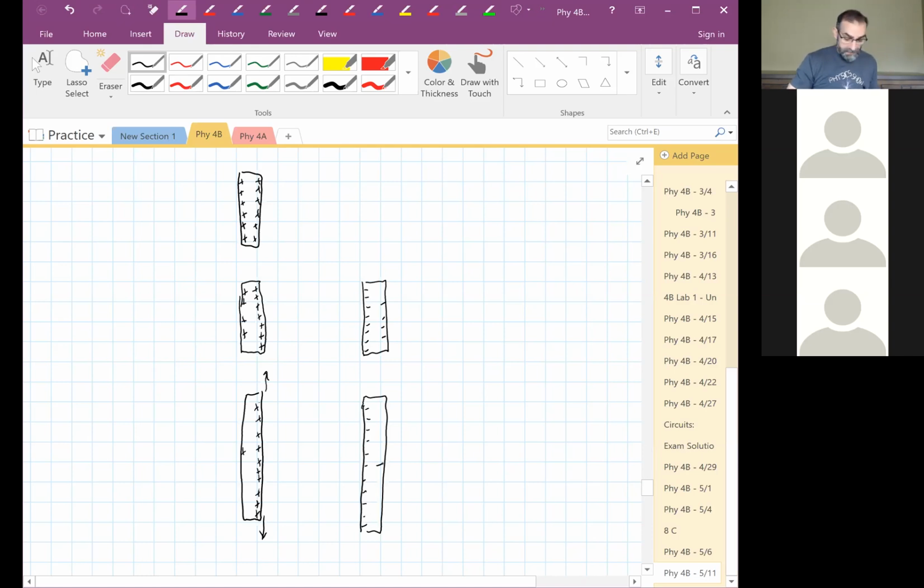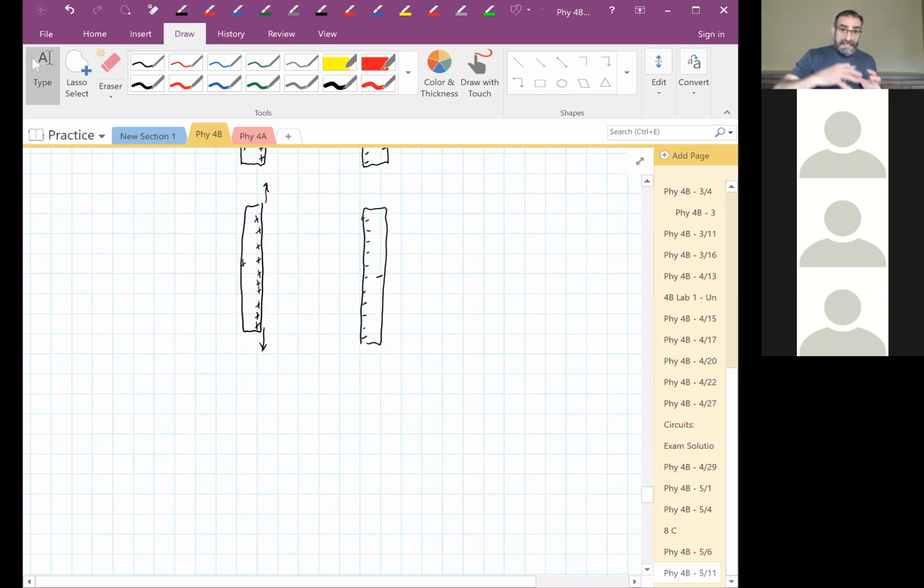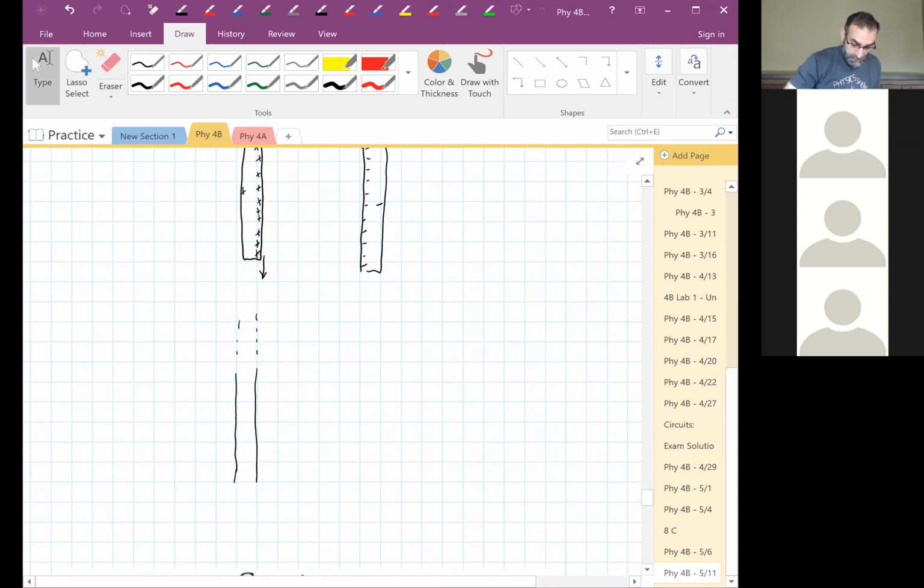More charges move around. And then we stretch those plates so they're infinitely long, and all the charge moves around and is on the innermost surface.